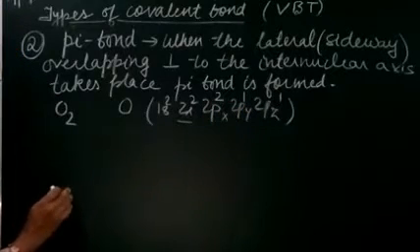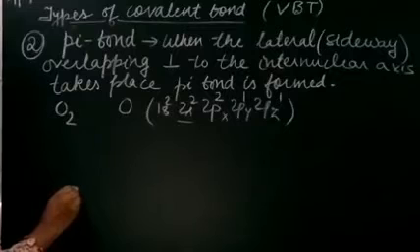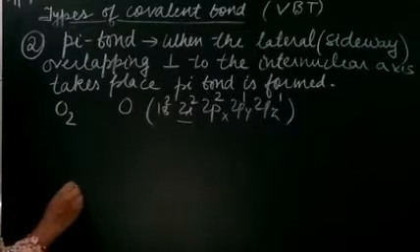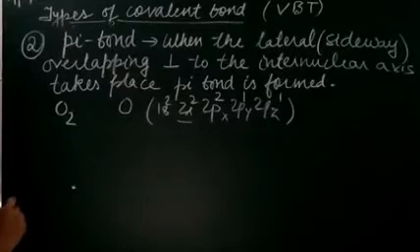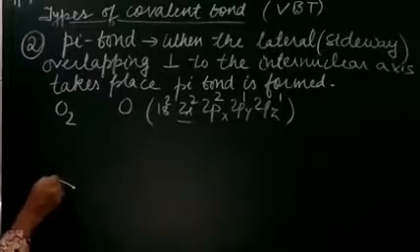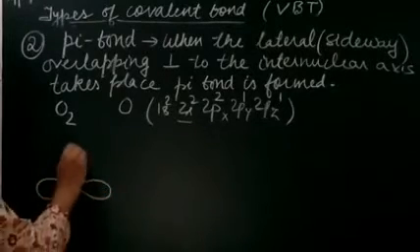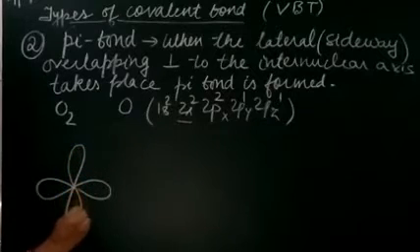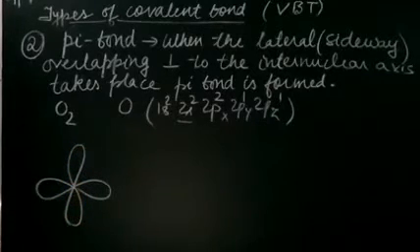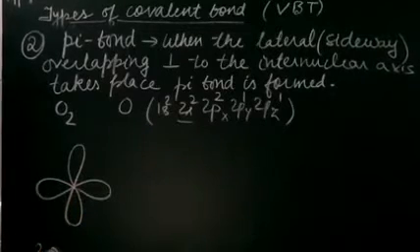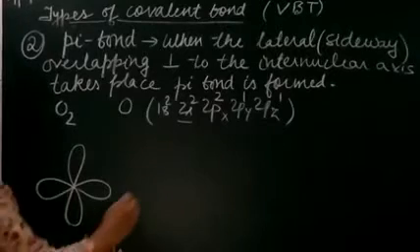So let's start. If this is the oxygen atom, only the p shell will be involved in the sigma bond formation. So we are going to show it in this way: this is for one oxygen atom and this is another atomic orbital, the p orbitals available. These are the two p orbitals of oxygen.